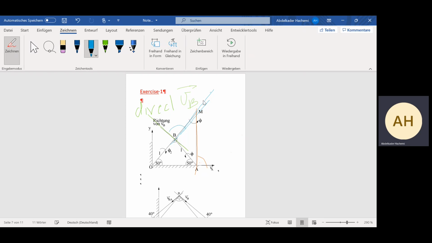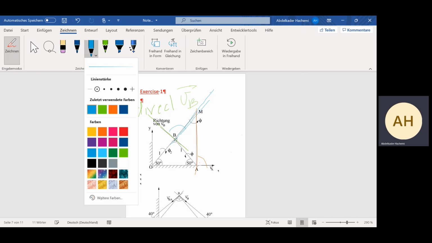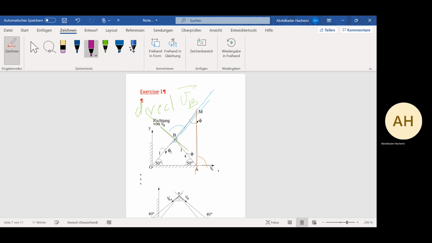Then it means now we have the intersection here of the two perpendicular lines, and from this line and this line, we get the point M. Okay, then we have here now the instantaneous center of rotation.